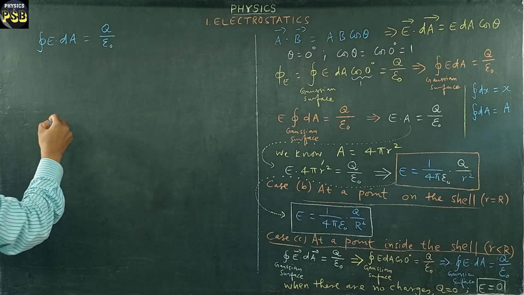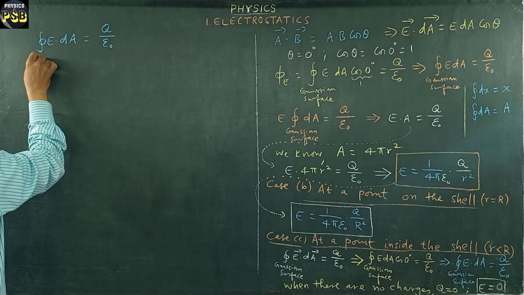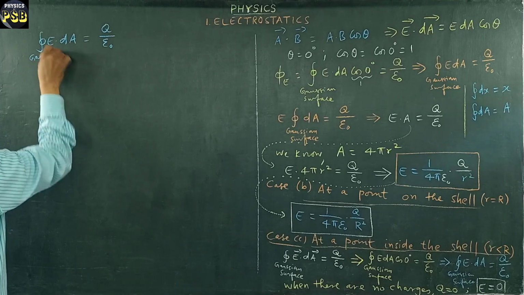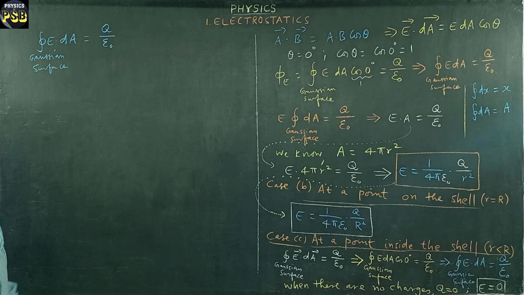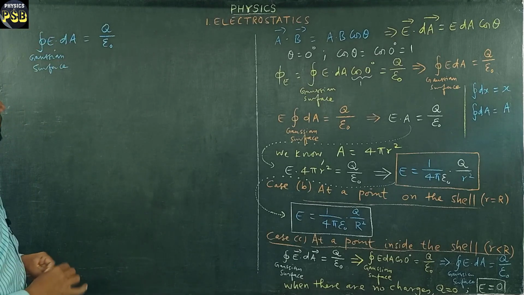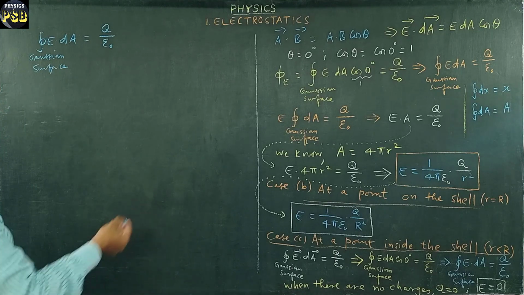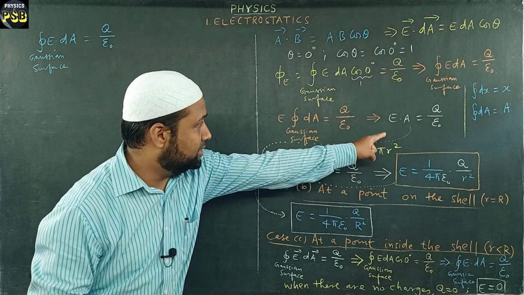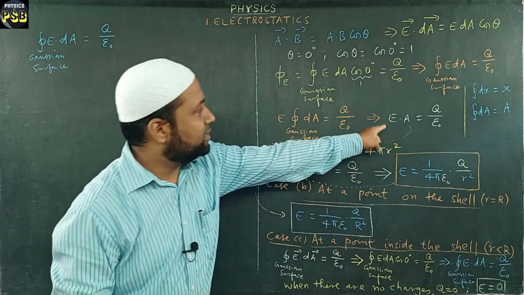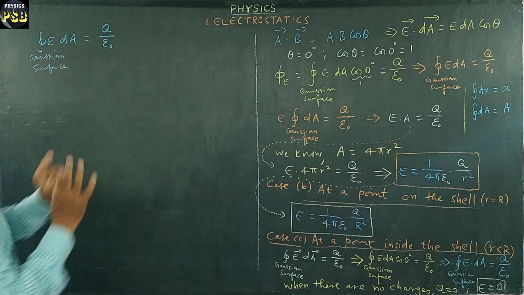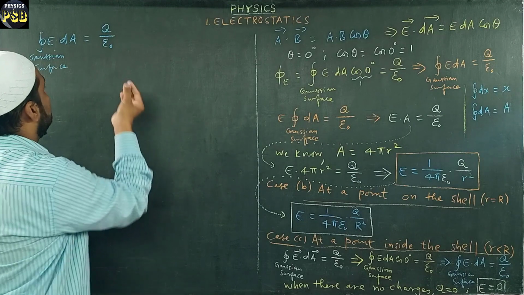This closed integral is over the Gaussian surface. Now here, E is a constant, as we have done earlier, so we will keep the same here.